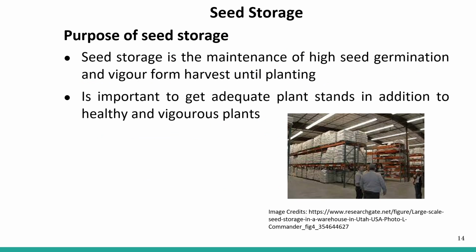Seed storage is the maintenance of high seed germination and vigor from the harvest until planting. So it should maintain the seed germination capacity. It should maintain the vigor from the harvest.